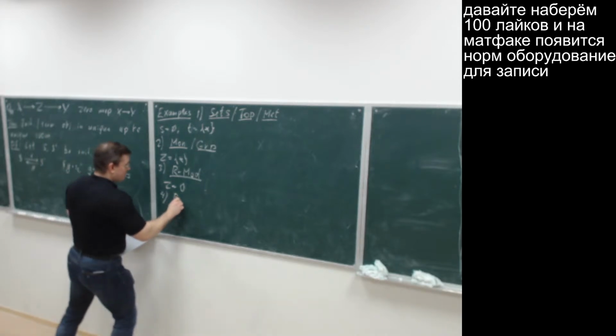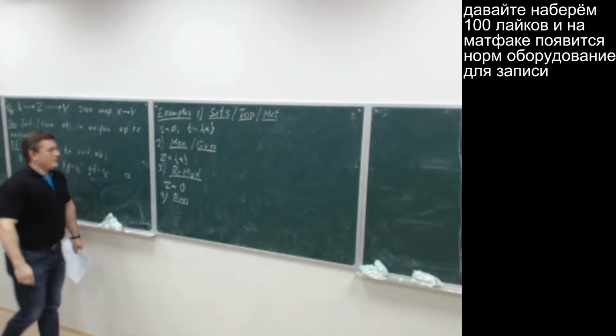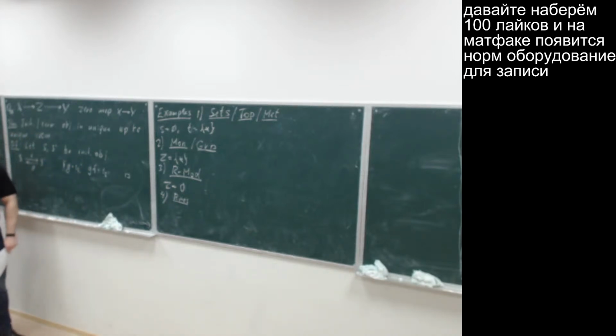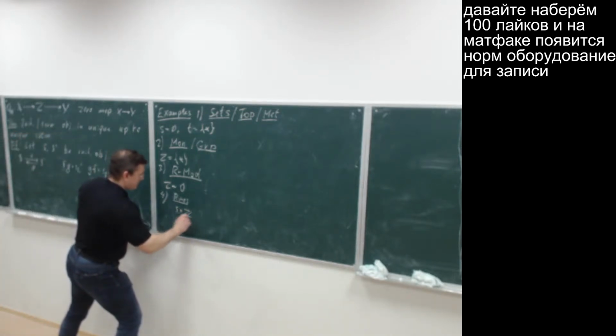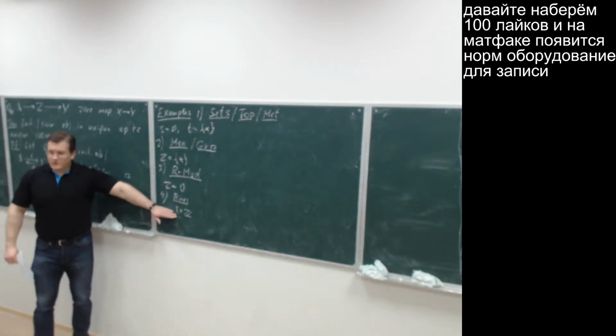Okay, rings. But rings have no zero object. Integers are the initial object. Do you agree with this?